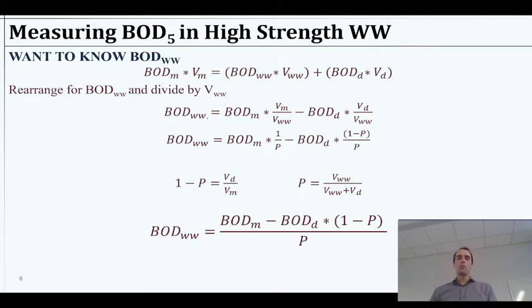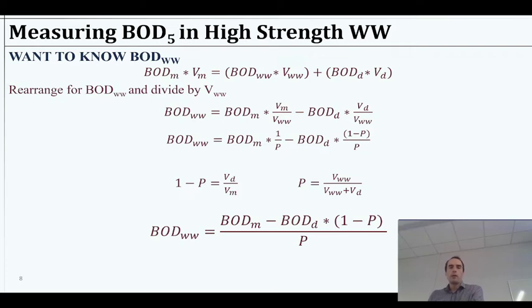So we get BOD wastewater equals BOD of the mixture times the volume of the mixture, and that's here divided by volume of the wastewater, because we divided everything by that, minus BOD of the dilution times the volume of dilution, again divided by volume of the wastewater, because we were separating that. Okay, so that's step number one.